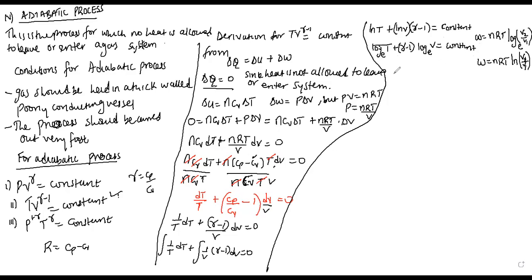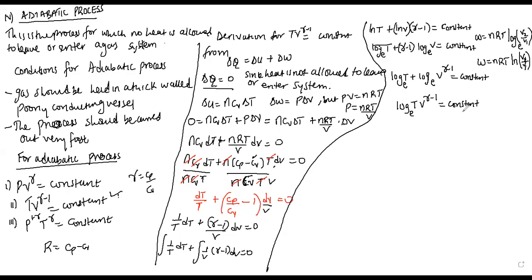Furthermore, because they are logarithms, I can combine them as log base e of T plus log base e of V power (gamma minus 1) is a constant. So finally, I can merge these two as log base e of T V^(gamma minus 1) is a constant.